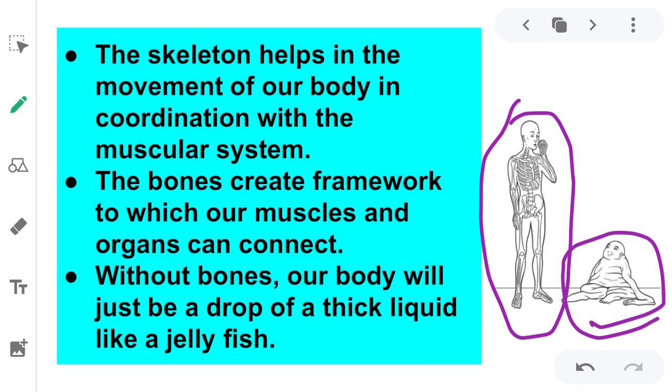Here, if we imagine our body without a skeleton, it will look somehow like this. So you can understand how the body will be without the bones. So the skeleton plays a very important part in our body.